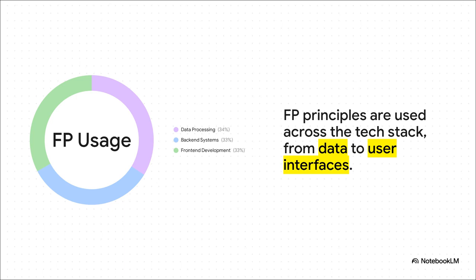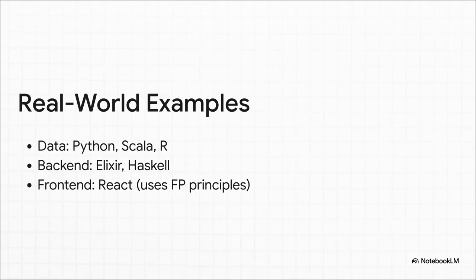And, maybe a bit surprisingly, these ideas are a cornerstone of modern front-end development, shaping the very websites and apps we interact with. And to put some names to it, data scientists using languages like Python or R lean on functional features all the time. On the back end, you've got languages like Elixir and Haskell that are completely built on these principles. And if you've ever used a modern website, chances are you've used React, a huge front-end library that's deeply influenced by functional programming, especially in how it handles change.